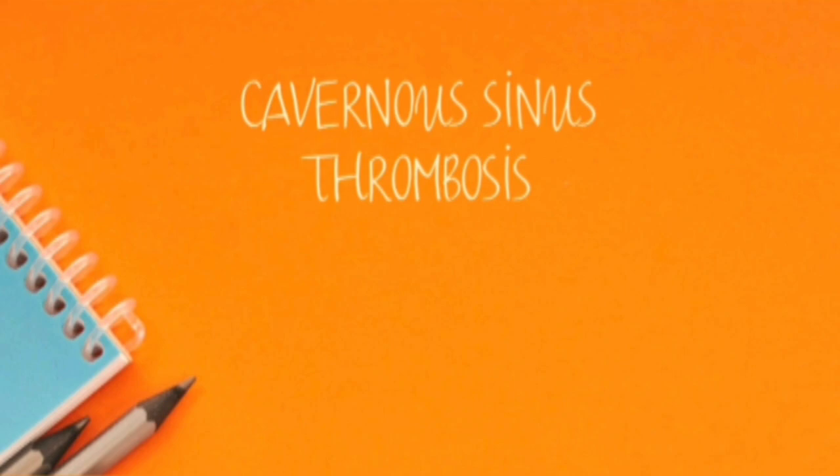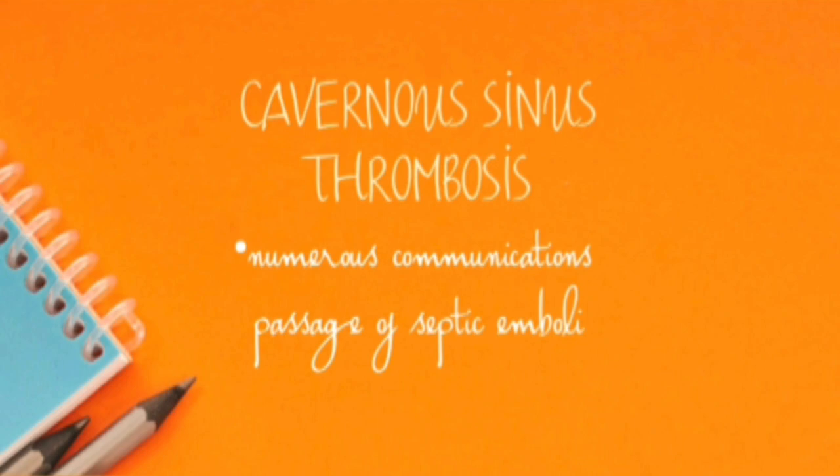The septic thrombosis of cavernous sinus may be caused by its numerous communications. The commonest cause of thrombosis is the passage of septic emboli from the dangerous area of face through facial vein, deep facial vein, into the pterygoid venous plexus and to the emissary vein.